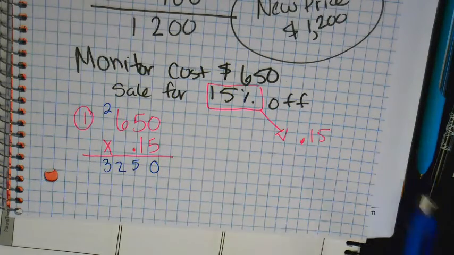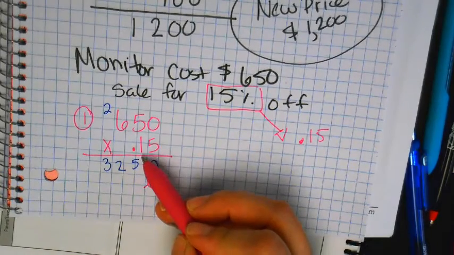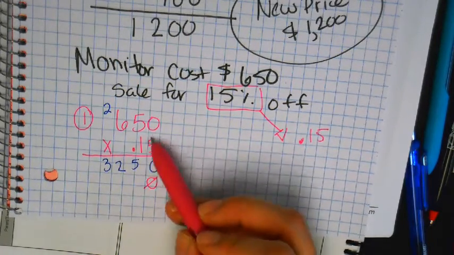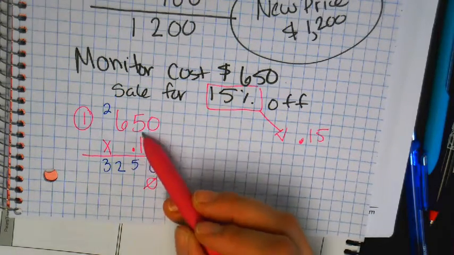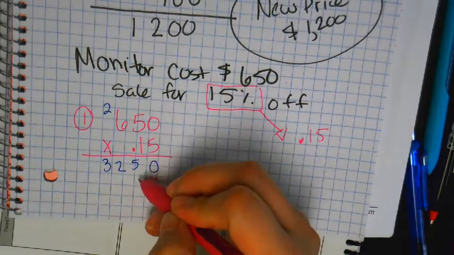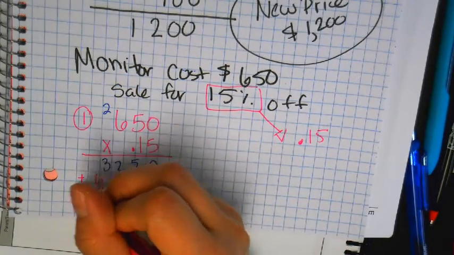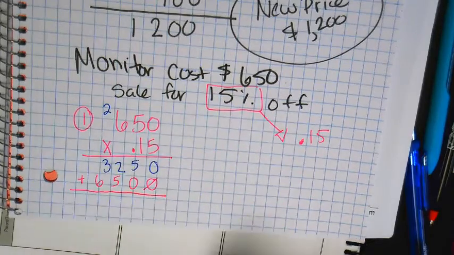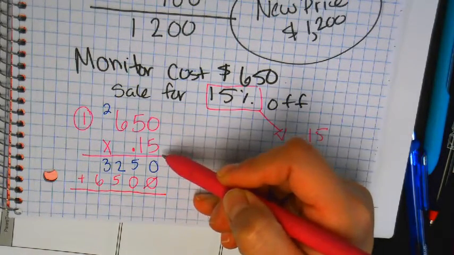Now we're going to add a 0 placeholder. And now I'm going to multiply everything by 1. I think everyone in this classroom can do that part on their own. Multiply all of these numbers by 1 and write your answer right here. Don't forget the 0 placeholder and add. When you're multiplying by 2 numbers, the second one has 2 numbers, you're going to have 2 lines of work.